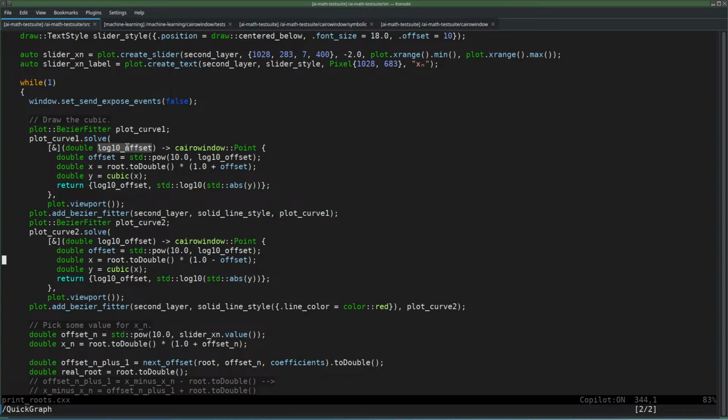So that runs from -18 to 0. And then we calculate the actual offset, so that's 10 to the power of that. And then we do 1 plus that and 1 minus that. And that's basically the epsilon, as it were.